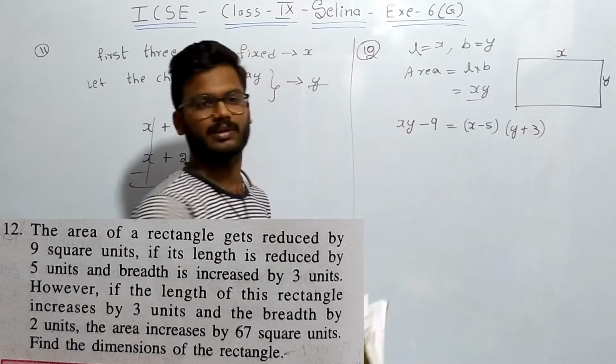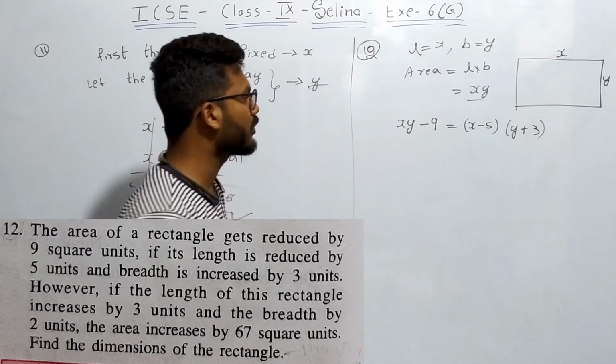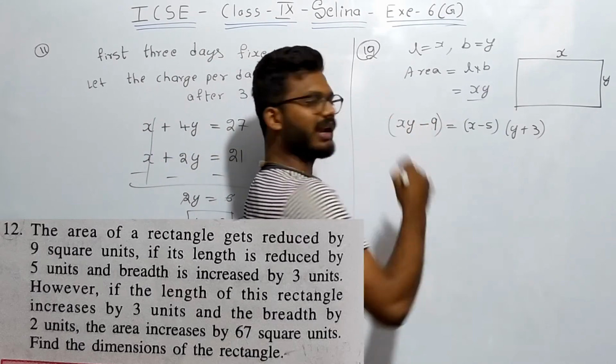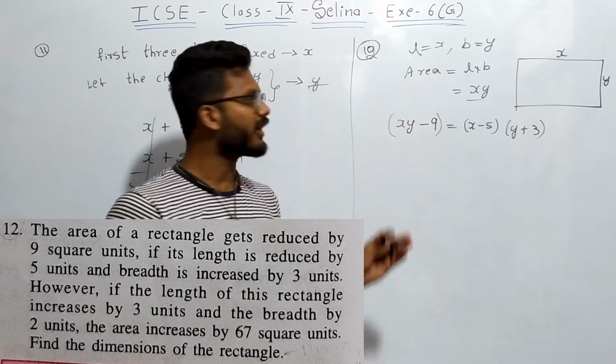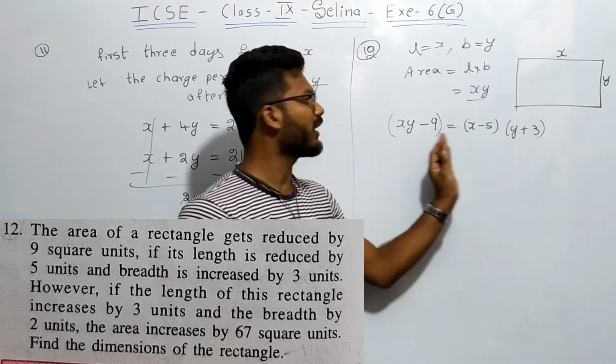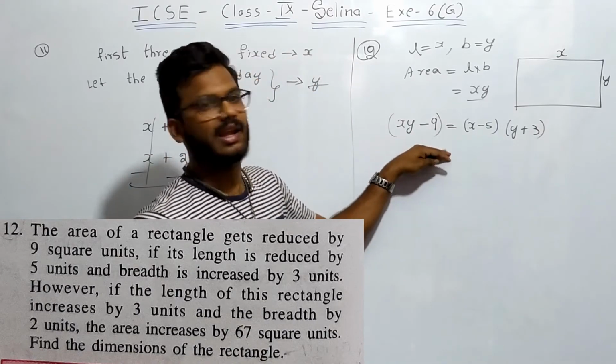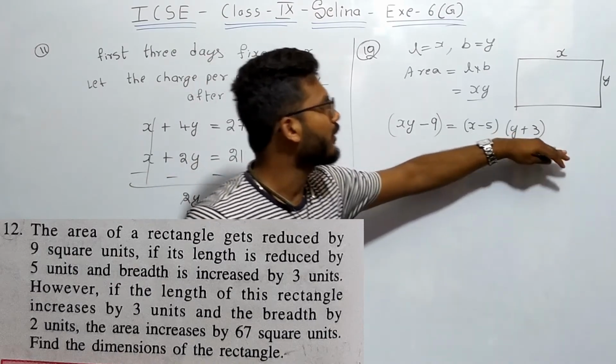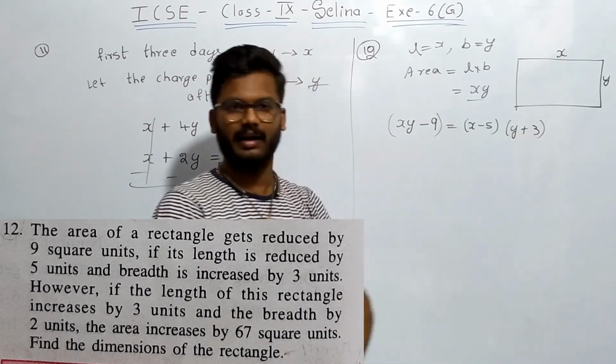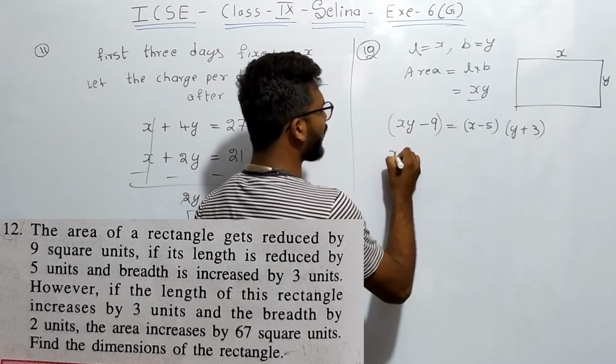Then the area will be this much. Why am I multiplying these two? When we multiply length and breadth we get the area. So this is one condition. Okay, so solve this, what we will get?